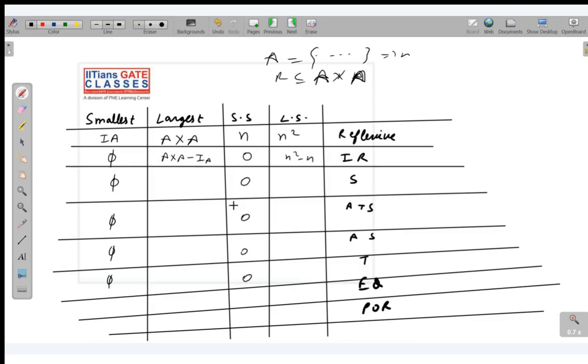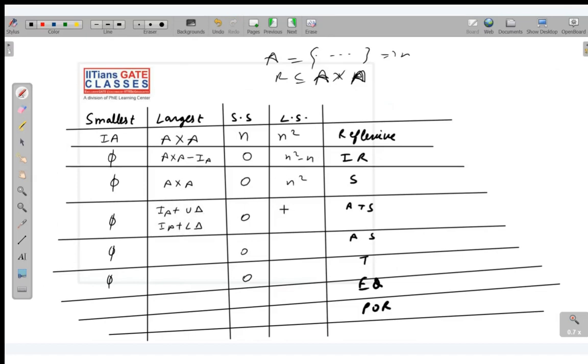For symmetric, the universal relation A cross A will be symmetric, no problem. Size will be n square. For antisymmetric, we cannot have the universal relation. Why? Because the upper triangular and lower triangular regions will create a problem. So the largest can be IA plus the upper triangular region, or IA plus the lower triangular region. One and the same thing, size is the same.